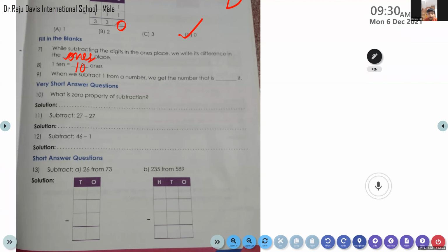Yes, very good. Write the answer: before. B-E-F-O-R-E. Very good, Ahyan. Thank you. Welcome.